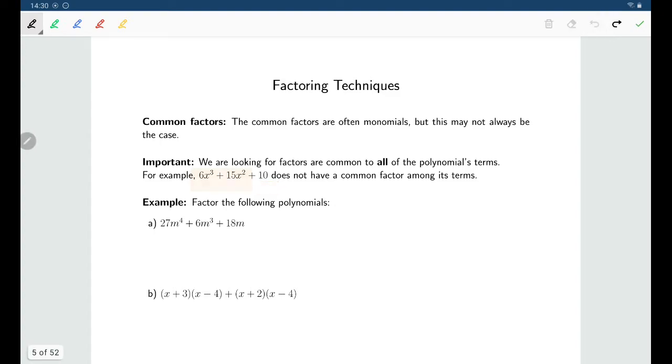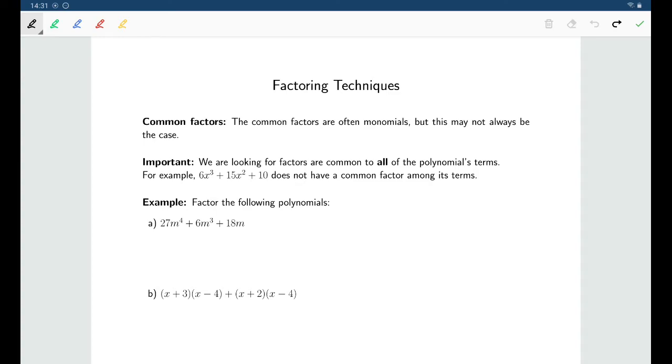And even if you're thinking about just factoring out a constant, numbers that go into 6, 15, 10, there's no number except for 1 and negative 1 that does that. And here when I'm saying to factor something, factoring out a 1 is not really the most useful thing to do. So even though I suppose I could factor 1 out of everybody, this is something where a common factor is not really helpful.